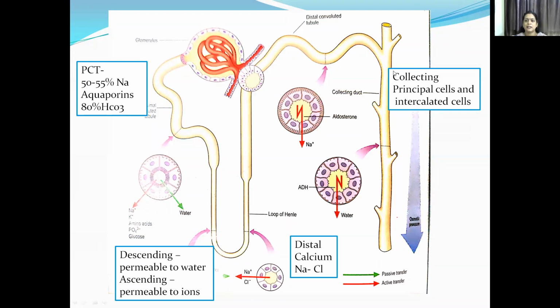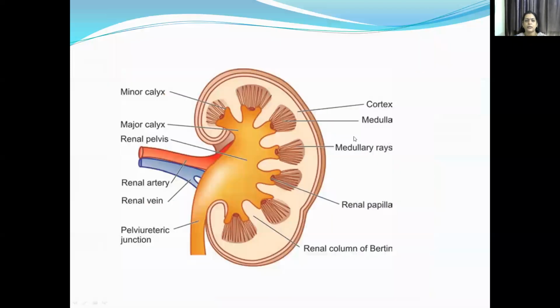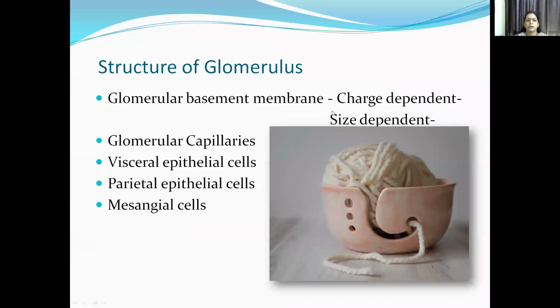The principal cells are usually placed in the cortex and inner medulla, and the intercalated cells in the outer medulla. So this is just to recapitulate whatever I have said. This is the cortex, the medulla, the renal papillae, the renal pelvis, the pelvic ureter junction. So the reflux of the urine will be stopped by this papillae if they're obliquely inserted in the outer medulla.